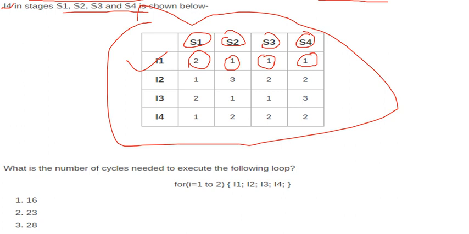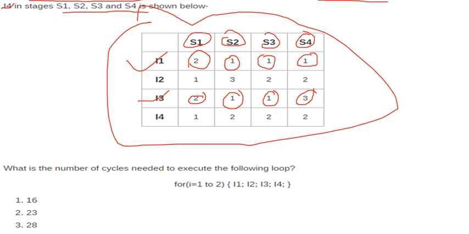In a similar way, for I3, in stage S1 it takes 2 clocks, in stage S2 it takes 1 clock, in stage S3 it takes 1 clock, and in stage S4 it takes 3 clocks. So this table is just giving the stage execution time for each instruction.